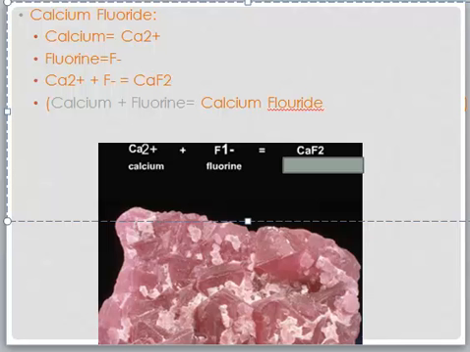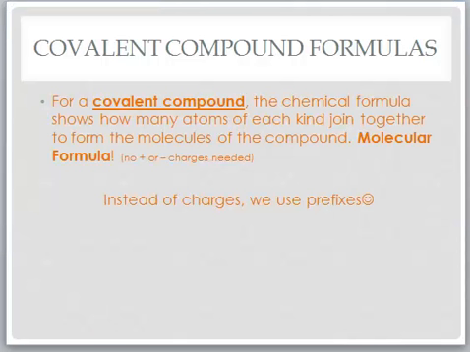Let's look at our next type of compound. Covalent compound formulas. So we did ionic, now we're going to do covalent. For a covalent compound, the chemical formula shows how many atoms of each kind join together to form the molecules of the compound, a molecular formula.